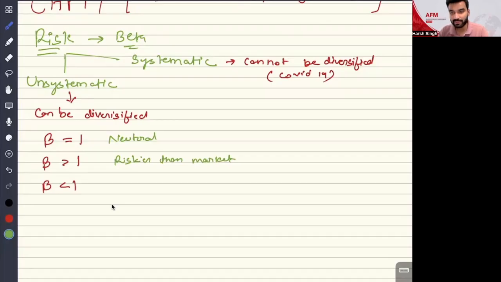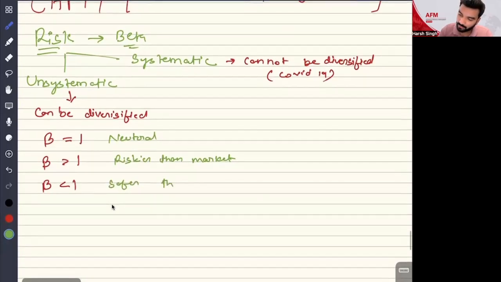When beta is less than 1, it is safer than the market. These things have been tested in theoretical parts, everyone. And sometimes beta can be given as 0, which means risk-free. So these are the different meanings of beta that we need to understand.